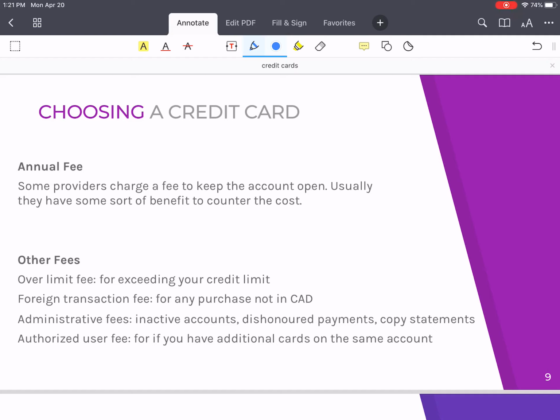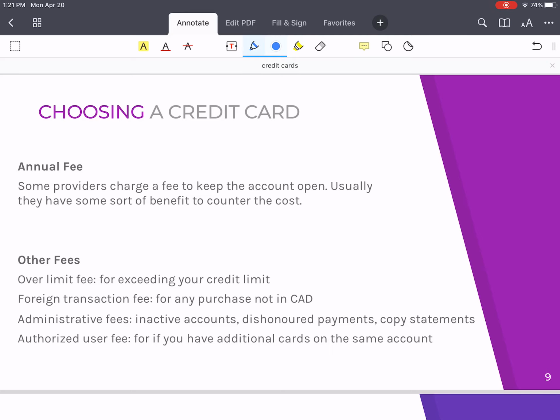There's often a fee if you're a big traveler. There's often a fee for doing business in other countries. So if you're buying even something in the States, they're going to take a certain percentage in order to convert your Canadian currency into the other country's. So that can be pretty pricey.